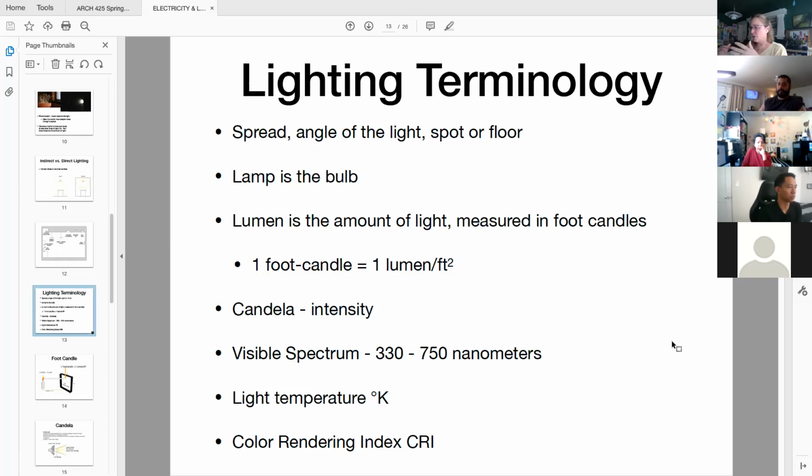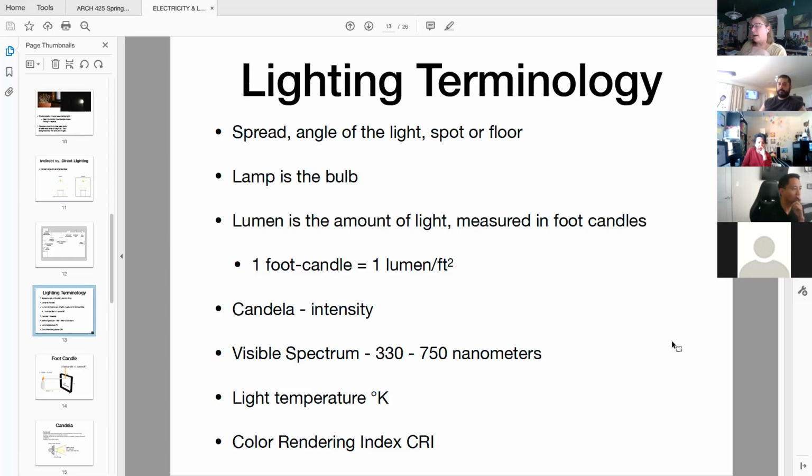Typically, with task lights, your throw is only a couple of feet. Wall sconces are usually just affecting the area around them, but pendant lights can be trying to illuminate a large area over a table or in a classroom.